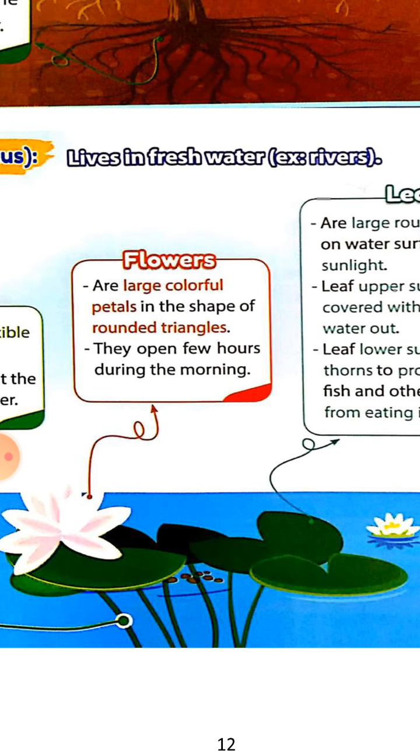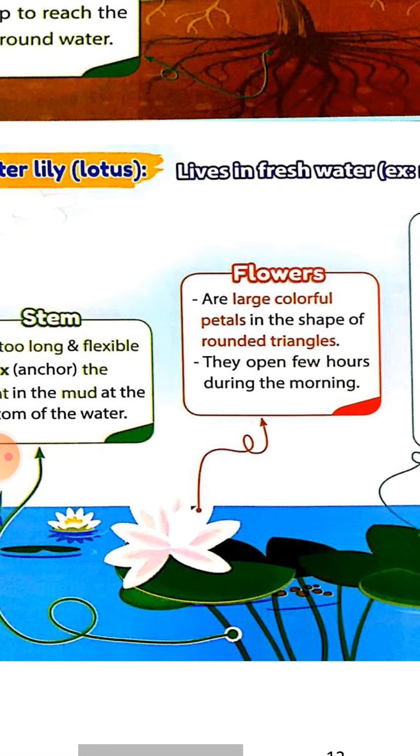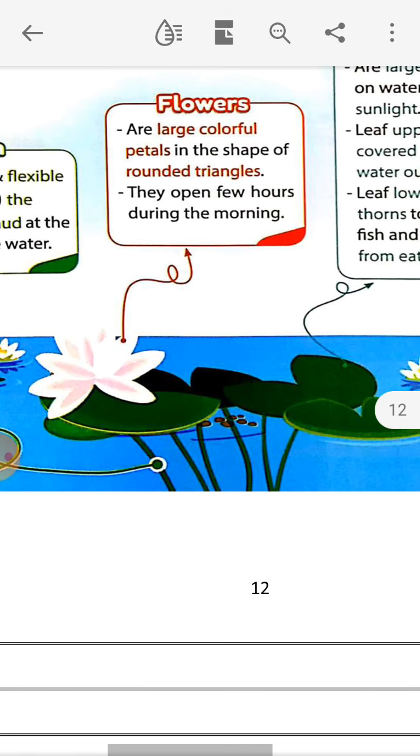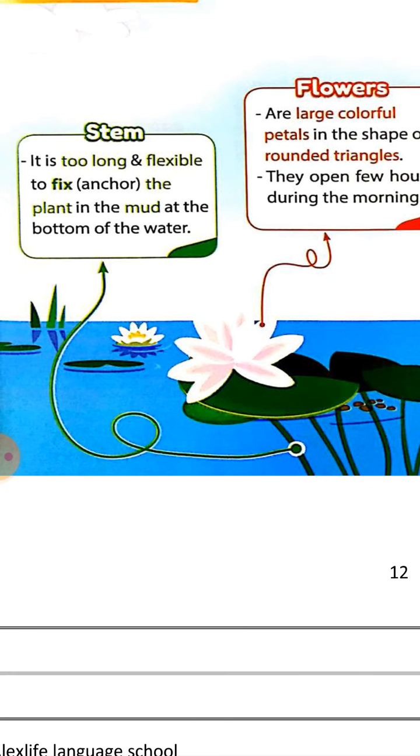Round, large leaves, and the flower is colorful, and the petals of the flower are round triangle, where the stem is very long. Why? To fix the plant into the water. Okay, let's talk in details.